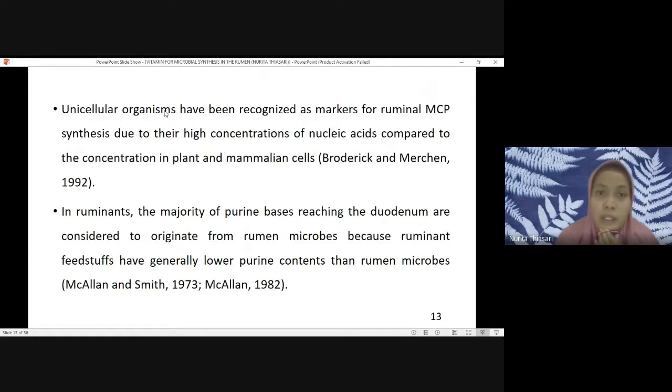Unicellular organisms have been recognized as markers for ruminal microbial crude protein synthesis due to their high concentration of nucleic acid compared to the concentration in plant and mammalian cells. In ruminants, the majority of purine bases reaching the duodenum are considered to originate from rumen microbes because ruminant feedstuffs generally have lower purine content than rumen microbes.